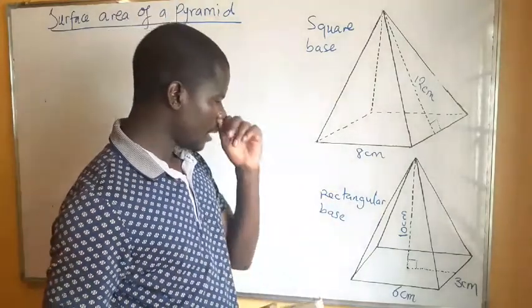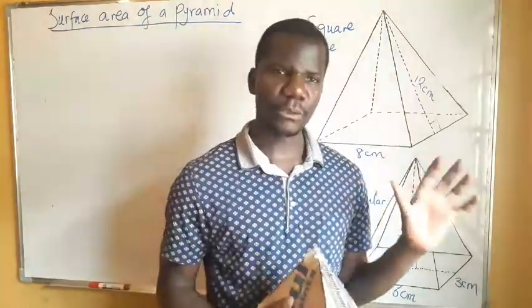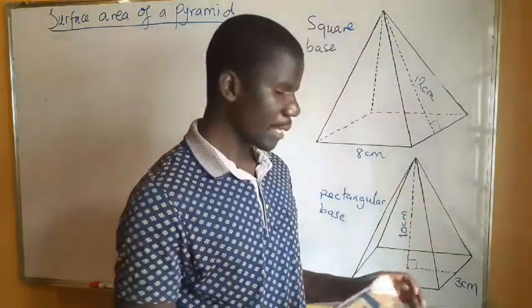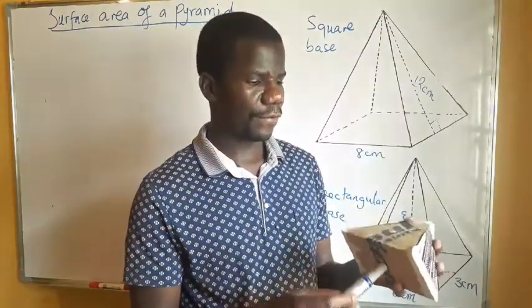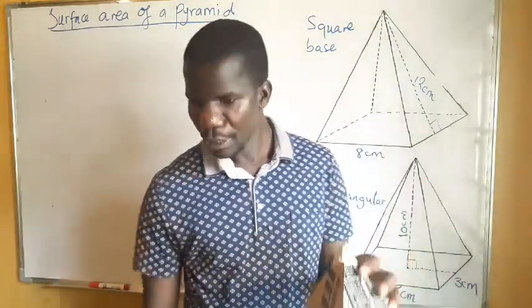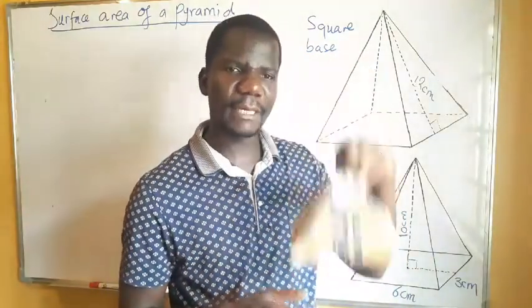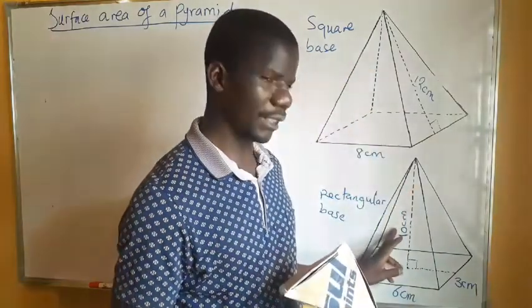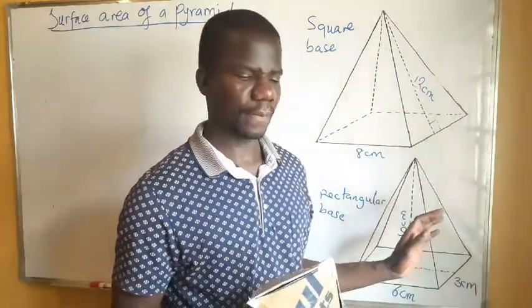So now, what we are given, please take note of this, is the perpendicular height of this pyramid. That is what we are given in this question.